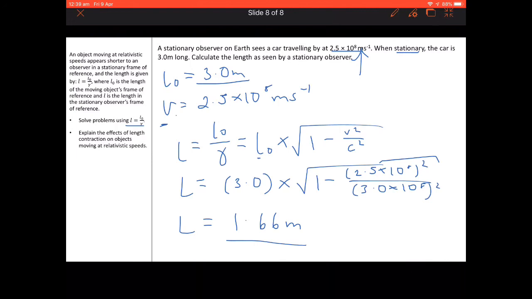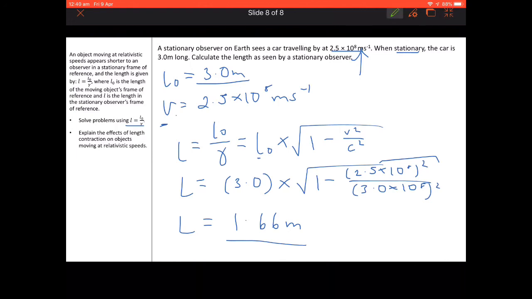The key to these problems is working out if the length or time that you've been given corresponds to the moving reference frame or the stationary reference frame, and how you can use pieces of information to determine other pieces of information or when they match up.